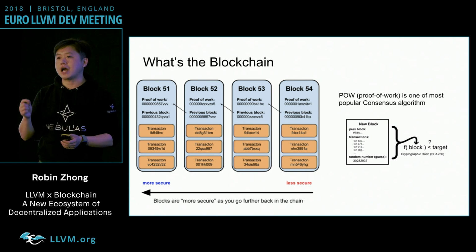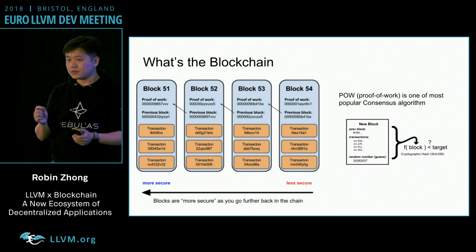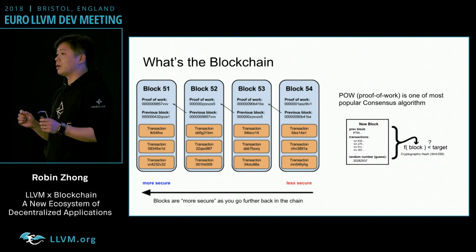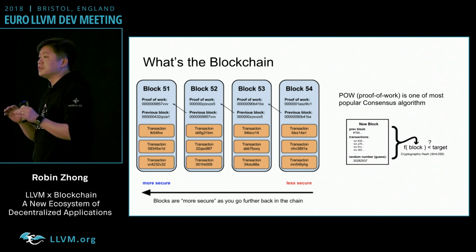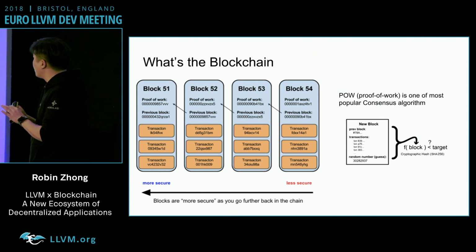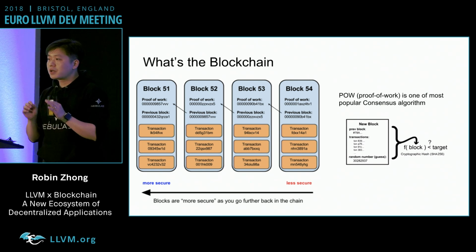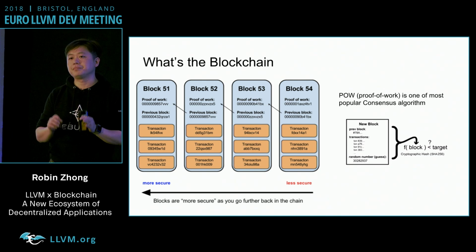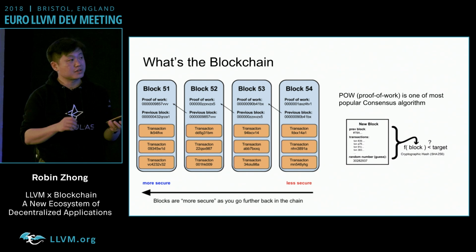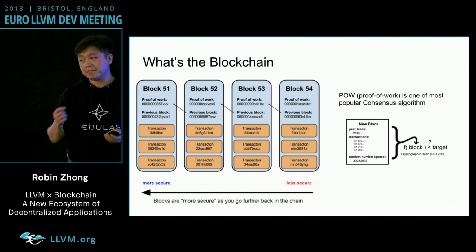If any one of them finds it, his block will be recorded on the chain, and the other nodes continue calculating the next block hash on top of it. That is POW, the competitive approach.